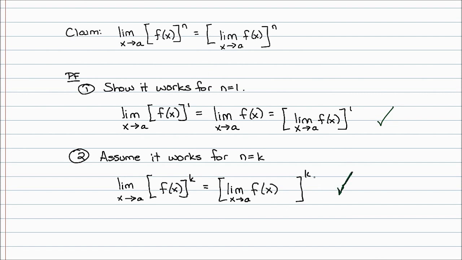All right. Let's turn the page and create the last bit of this. So now the third step, since we've assumed it's true for n equals k, let's show it works for the next one in the line. In other words, n equals k plus 1.